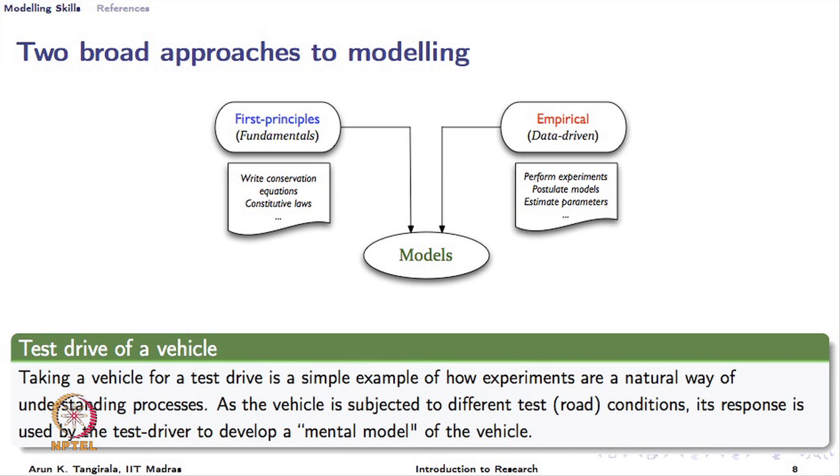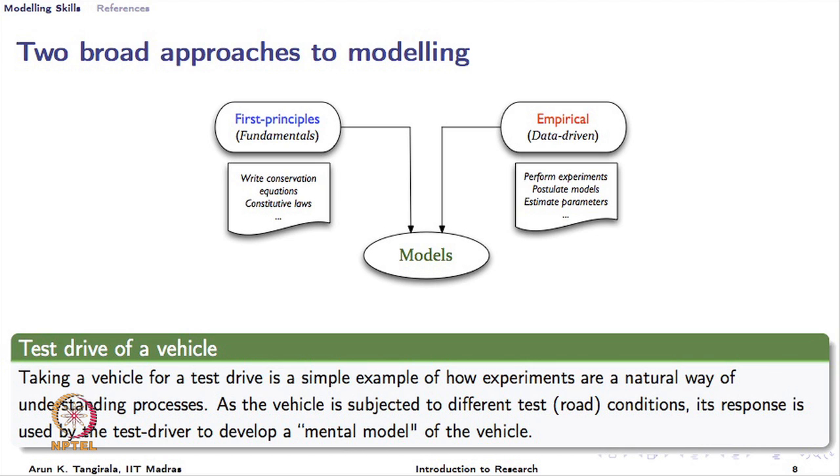So, to give you a simple example, when we go out on a test drive, let us say to purchase a vehicle, the common sense thing that all of us do is take the vehicle, sit in the car and apply certain inputs: rotate the steering wheel and pedal, apply brakes, supply fuel and so on, and give all different kinds of inputs that we want to really test the vehicle on, and then collect the response of the vehicle.